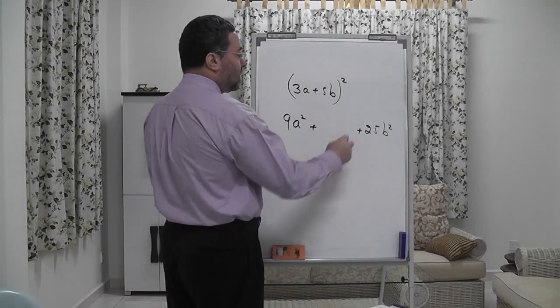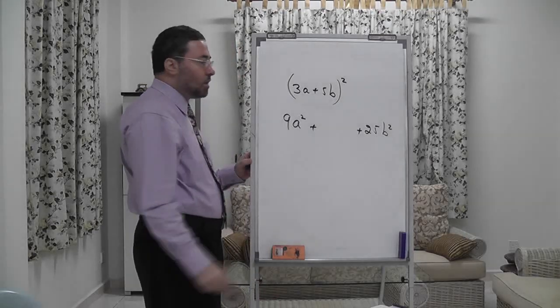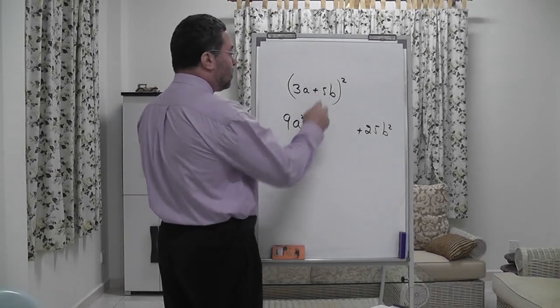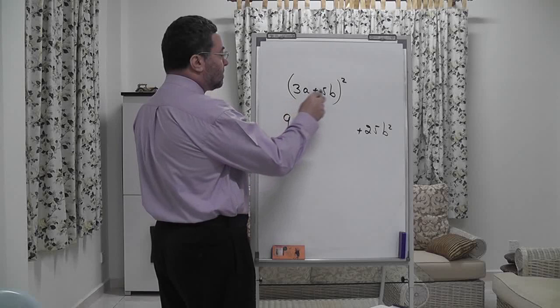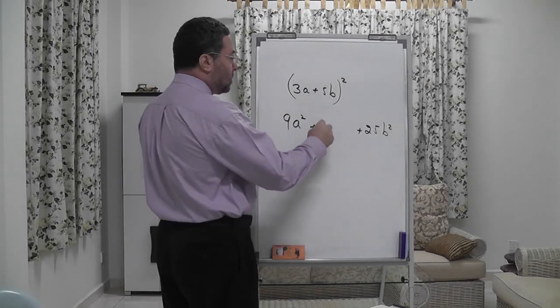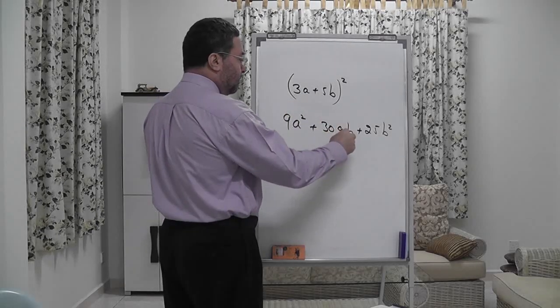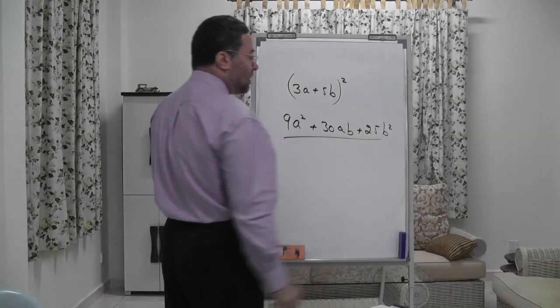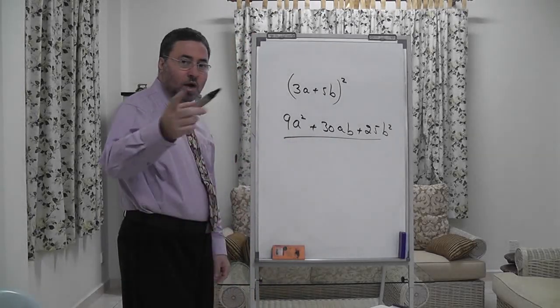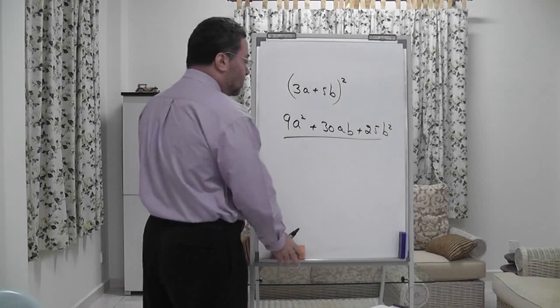And now I put the double the product in this space. So 3 times 5, that's 15, times 2, that's 30ab. We have to arrange it in this way, and we will see why later on in the following chapter.